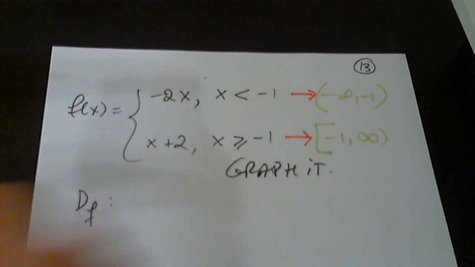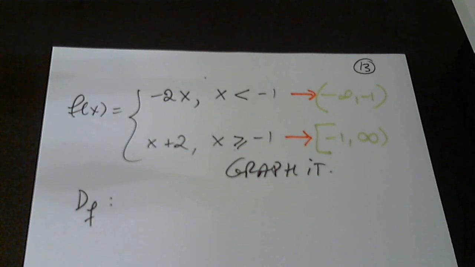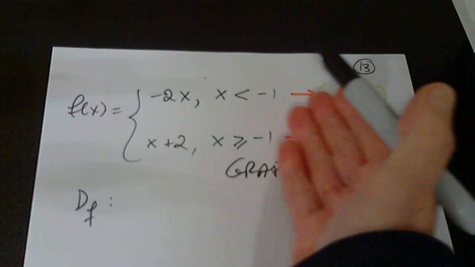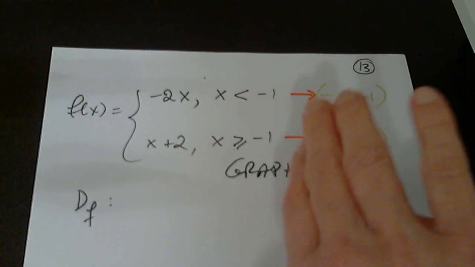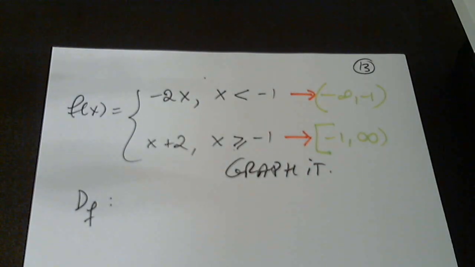So what is the domain of function f? Everything to the left of -1, -1, and everything to the right of -1.